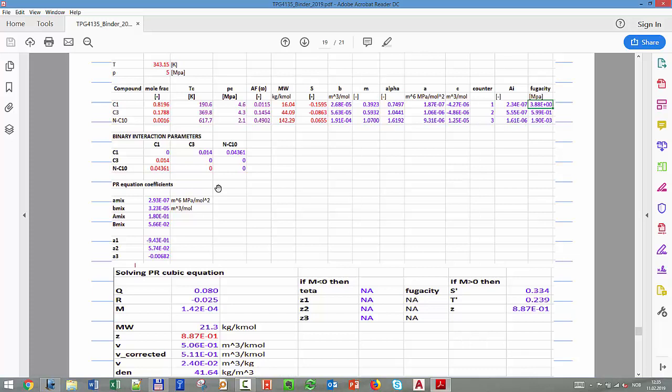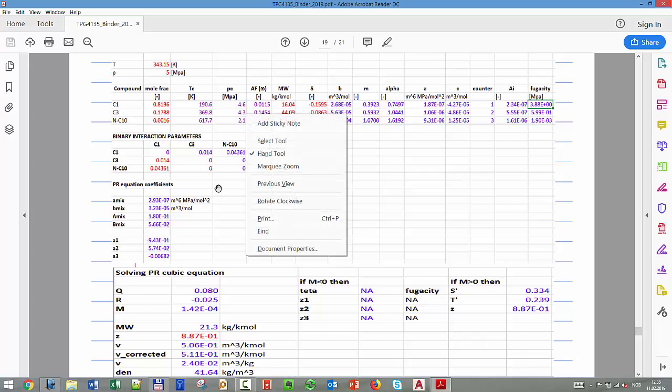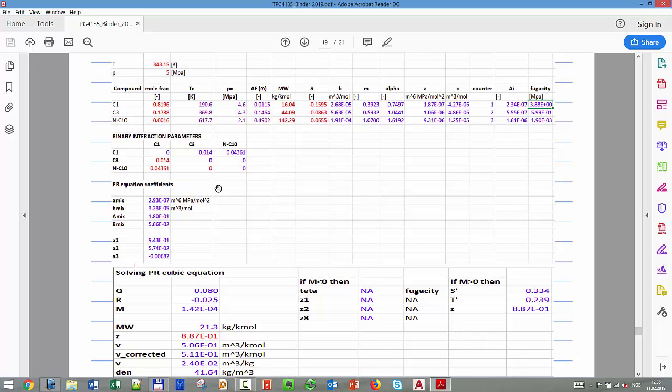We did it for 3 components. Now you will have water in one of them, but the predictability is not very good, let's say plus or minus 20%. If you want to improve that, you have to change something to make it closer to the measured value, if you have measurements. What people typically change are these binary interaction parameters.